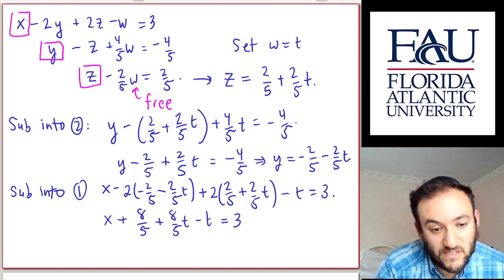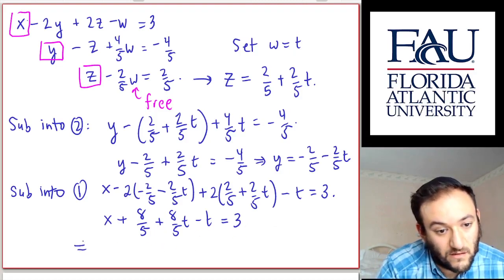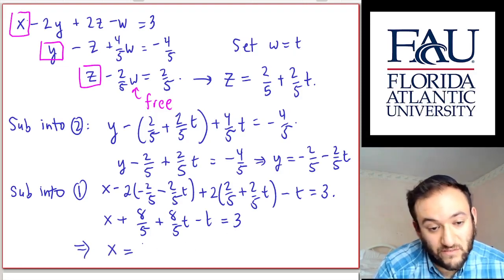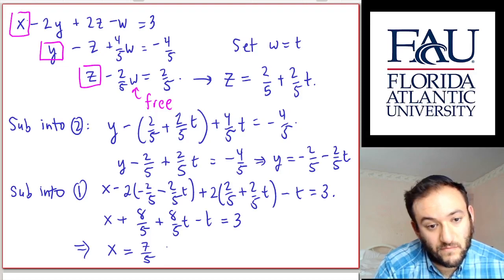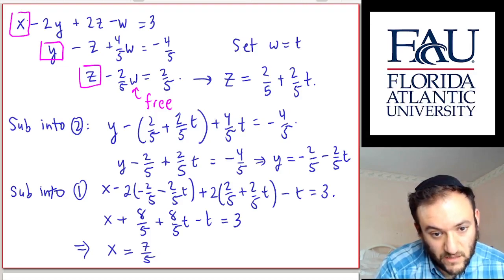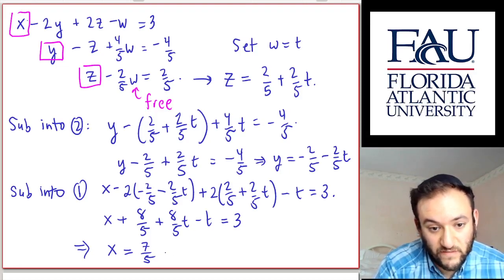Okay, and this gives us, moving everything over to the other side, x equals 3 minus 8/5 is 7/5. And 8/5 t minus t is 3/5 t.